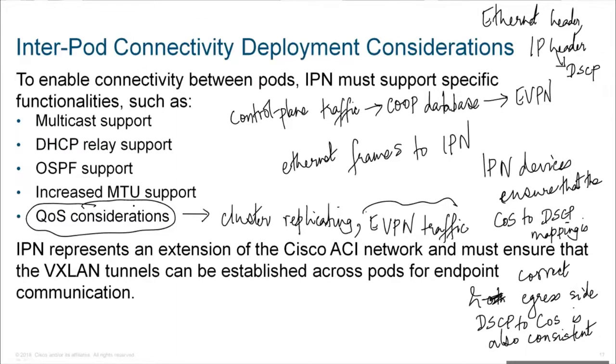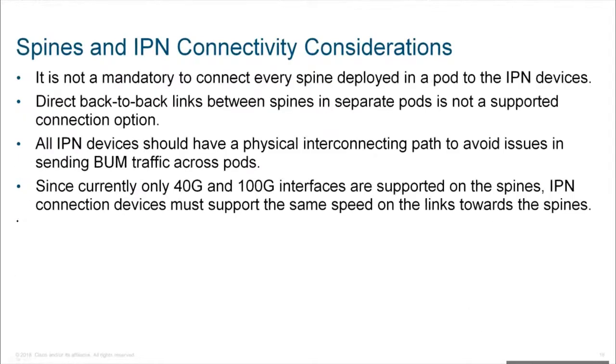Okay. So the IPN is simply an extension of your ACI network, and you need to make sure that the VXLAN tunnels can be established. It does that by default as long as you take care of these requirements.